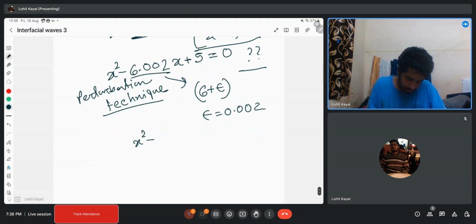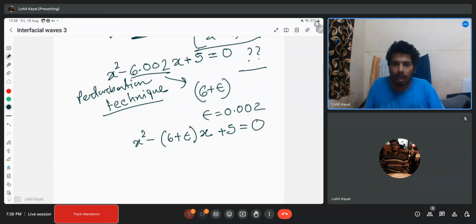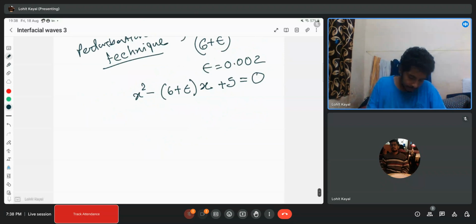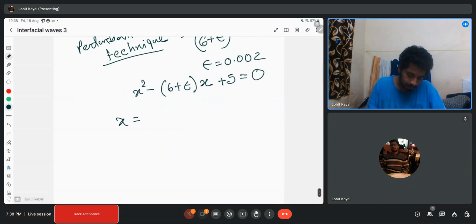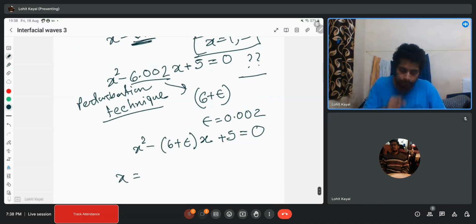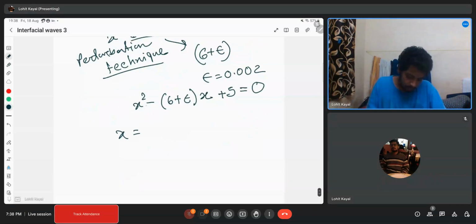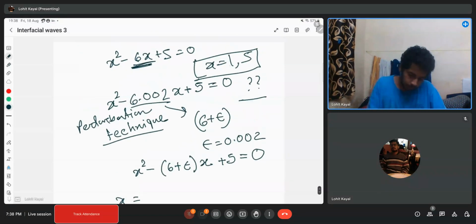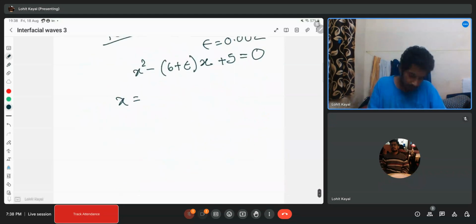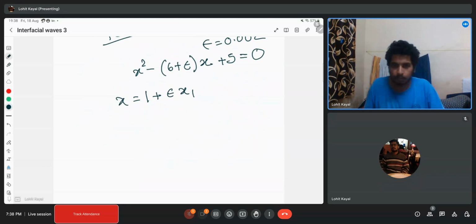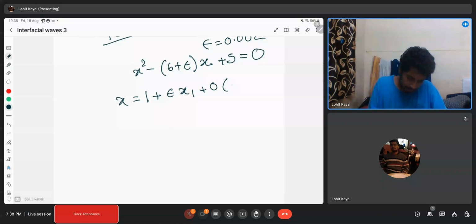So now we can take an expansion like this. What are the two solutions? One is 1, another is 5. So x equal to 1 plus epsilon x1, plus order of epsilon square.